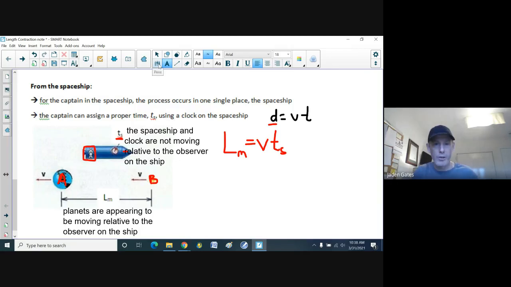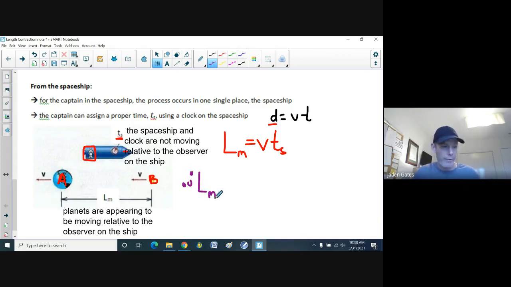All right, now here's our formula. Now here's what I'm going to do, a little substitution. I'm going to make a substitution here where I'm going to use our formulas from our first period and substitute that in. So instead of TS here, I'm going to put TM times the square root of 1 minus V squared all over C squared.